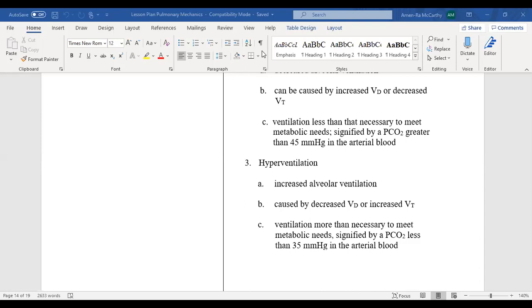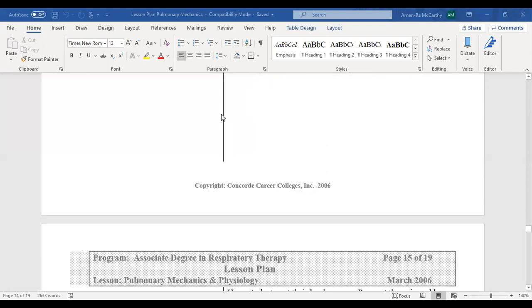And since we blow out CO2 and he can't blow it out like I can, his CO2 is going to be higher than mine, and high is greater than 45. Anything greater than 45 is high. Anything less than 35 is low. That's the range. That's how you have to put this together.